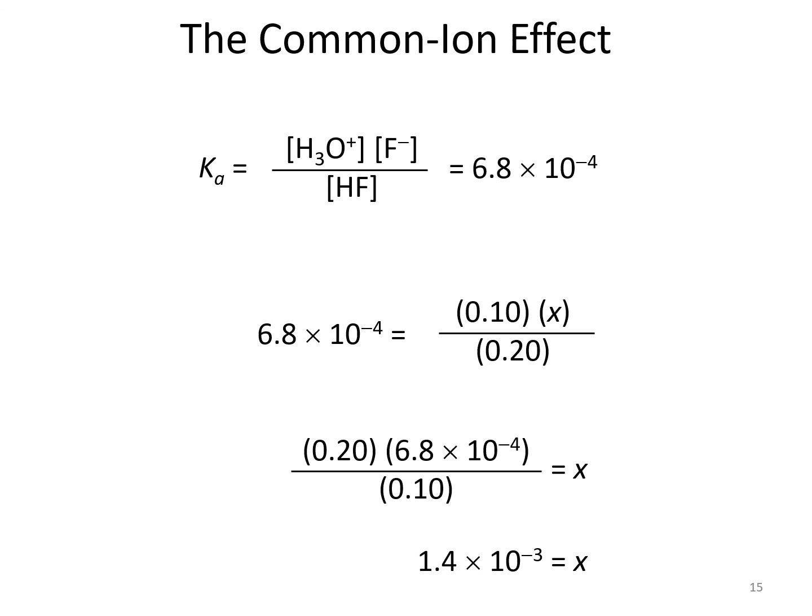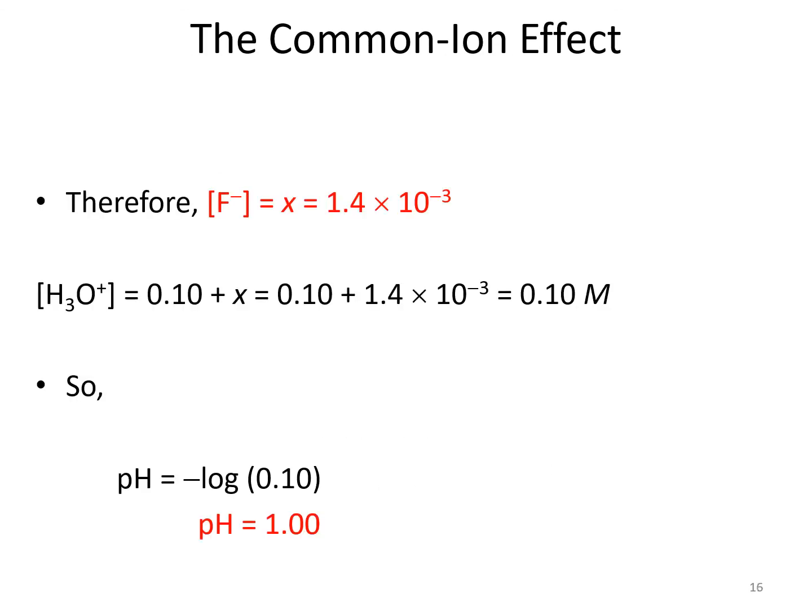Now, I put those values into my Ka expression, rearrange to solve for X, and I find that X is 1.4 times 10 to the minus 3. But I'm not done yet. What that tells me is that X is the fluoride concentration, which is 1.4 times 10 to the minus 3.